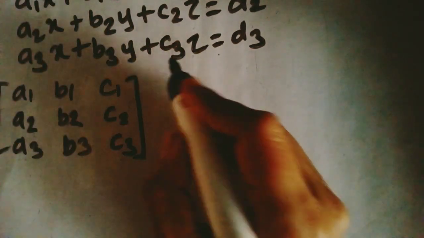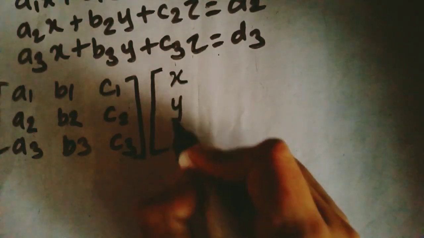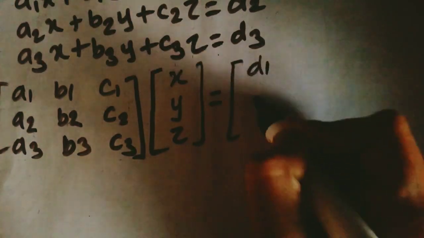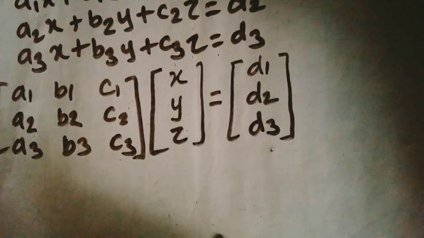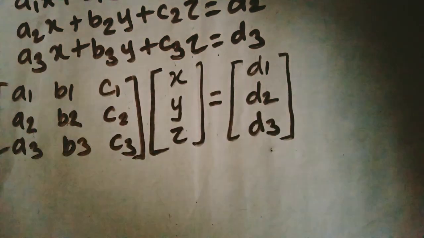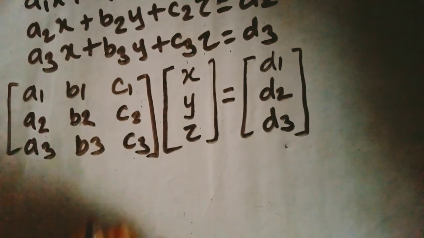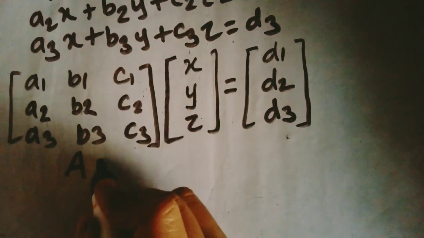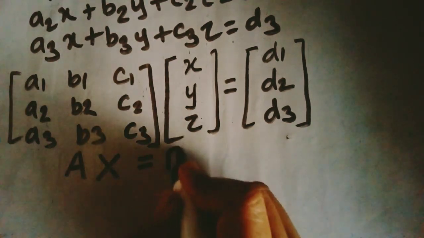Then it is multiplied with the variables x, y, z, and we will get d1, d2, d3. So using this equation we can find the solution of these equations. This matrix is A, multiplied by X, equal to some B matrix.